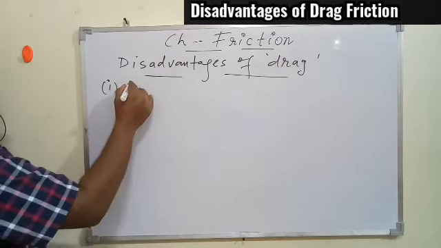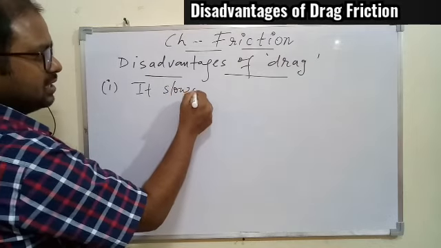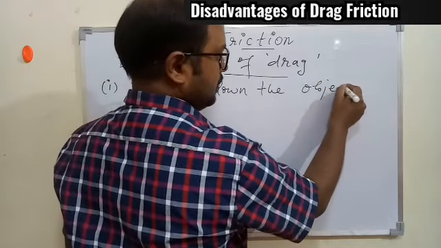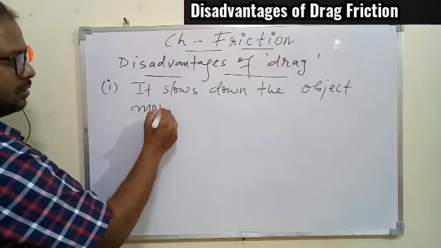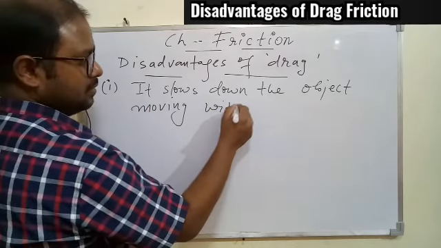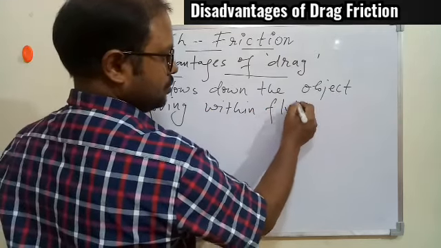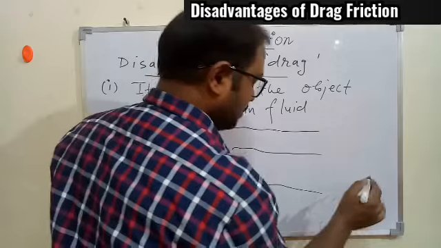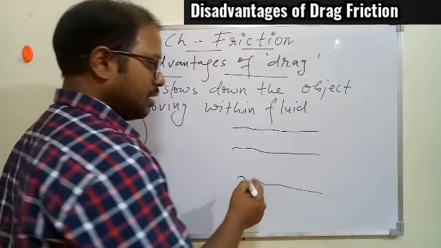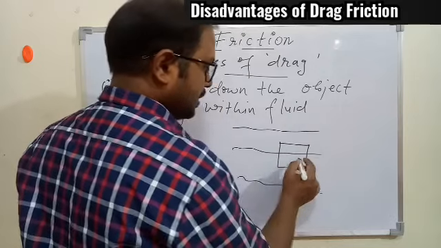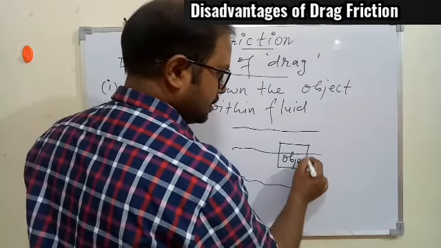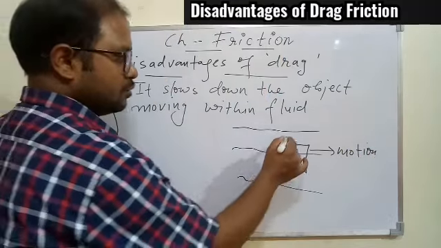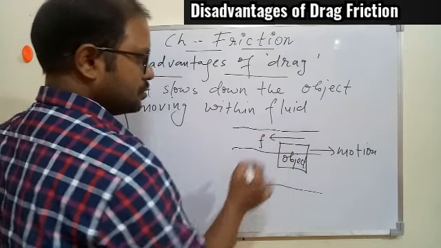So we can say it slows down the object moving within fluid. We understood if we have fluid, that fluid can be anything, the water or the gas or the air we can say, and if an object is moving within it in one of the directions, having some speed, we know the drag friction will take place in the opposite direction.